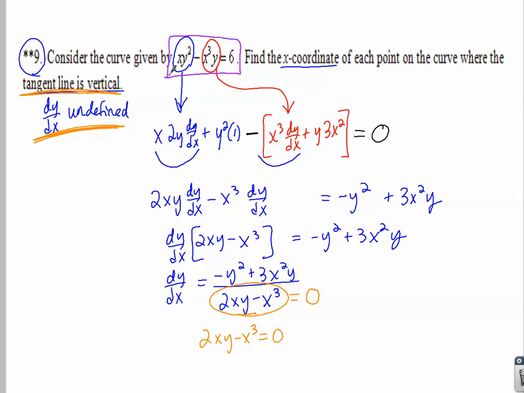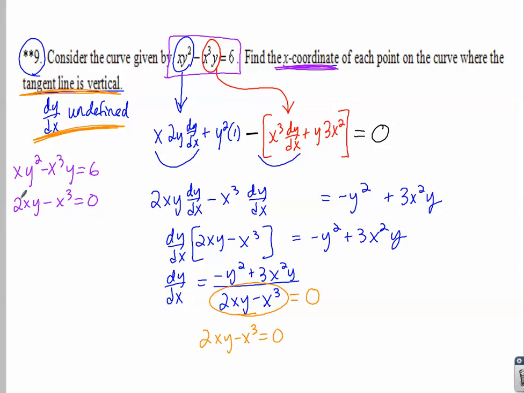There's our other equation. So let's take our two equations. xy squared minus x cubed y equals 6 from the top. And 2xy minus x cubed equals 0 from the bottom. Let's do a substitution to figure out the x coordinate that they ask for.